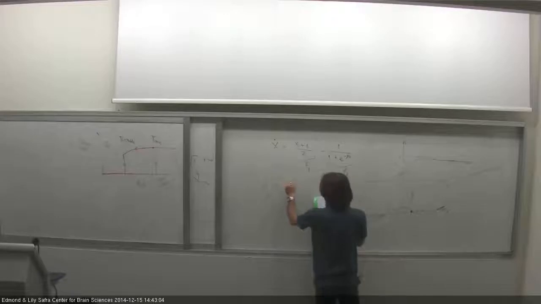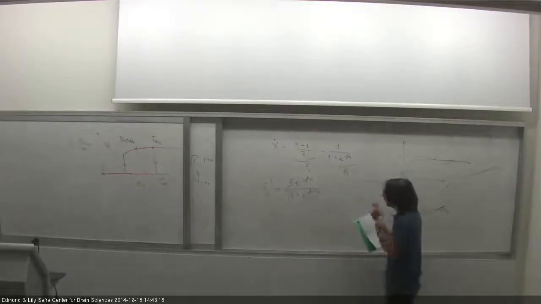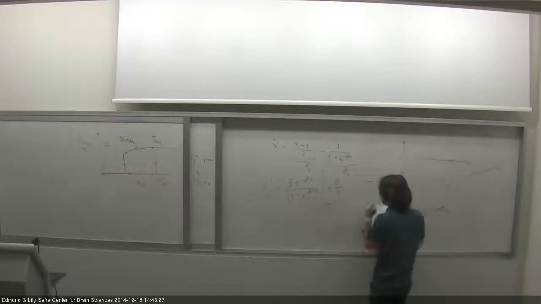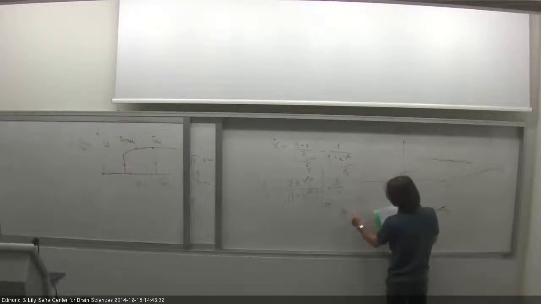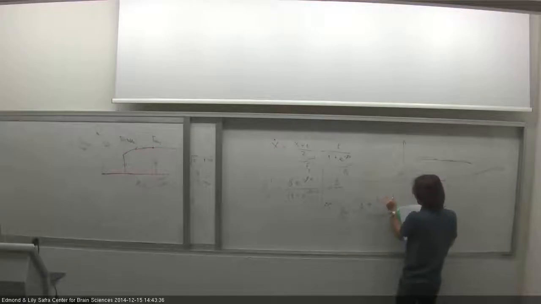What you get if you do this, you can solve this at home, is this, and if I try to evaluate it at x star equals 0, I get beta over 4. So my condition is beta critical over 4 equals 1/2, and therefore critical beta equals 2.